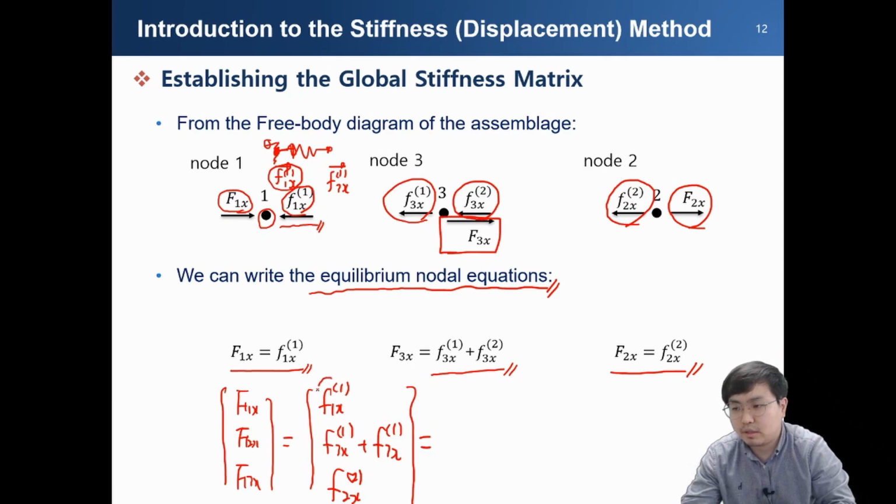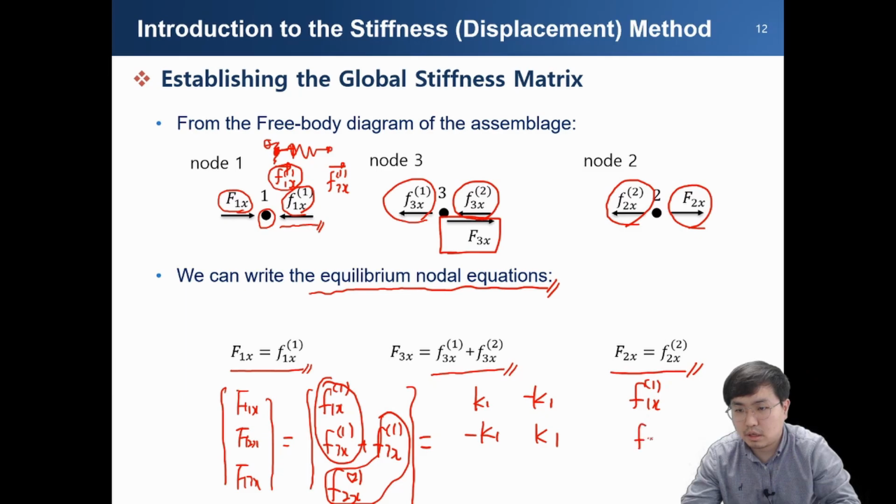We already know this part and this part separately. How can you say that? Maybe K1, minus K1, minus K1, K1, and then F1x, F3, sorry, not F, U1 maybe first one, and U3 for the second element, but this must become 3 by 3, not 2 by 2.